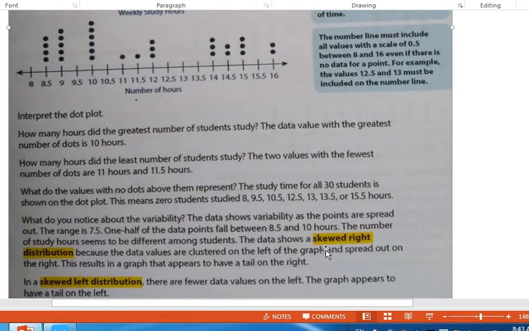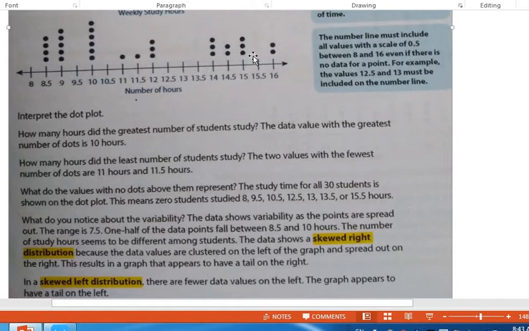The data shows a skewed right distribution, because the data values are clustered on the left of the graph and spread out on the right.